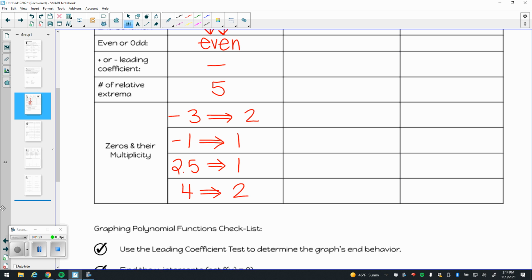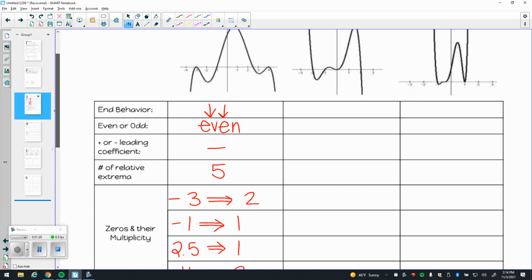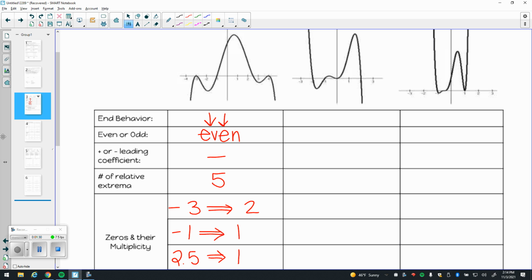No, relative extremity you don't add. The degree is what you add to. All right, I need you guys to do the next 2 examples right now, please. All right, start checking it to make sure yours matches mine.